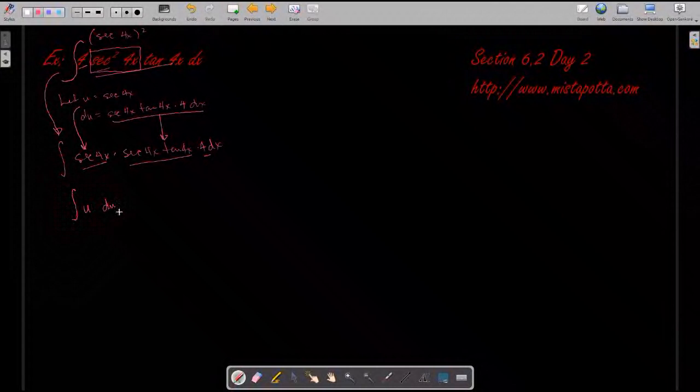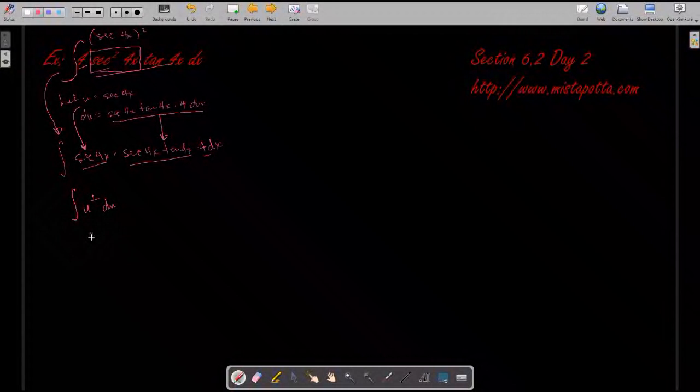And this form confuses a lot of people. But what's really happening is this is really u to the first power. And so if I'm taking the antiderivative of a variable to the first power, I'm just going to use our power rule.